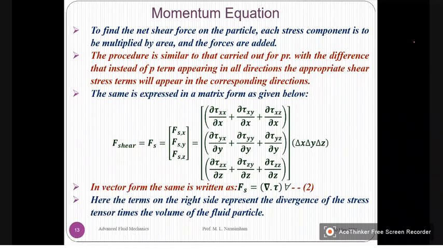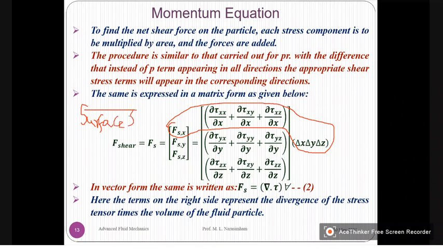we'll get this expression for the force due to shear stresses, the surface force due to viscosity, due to shear.